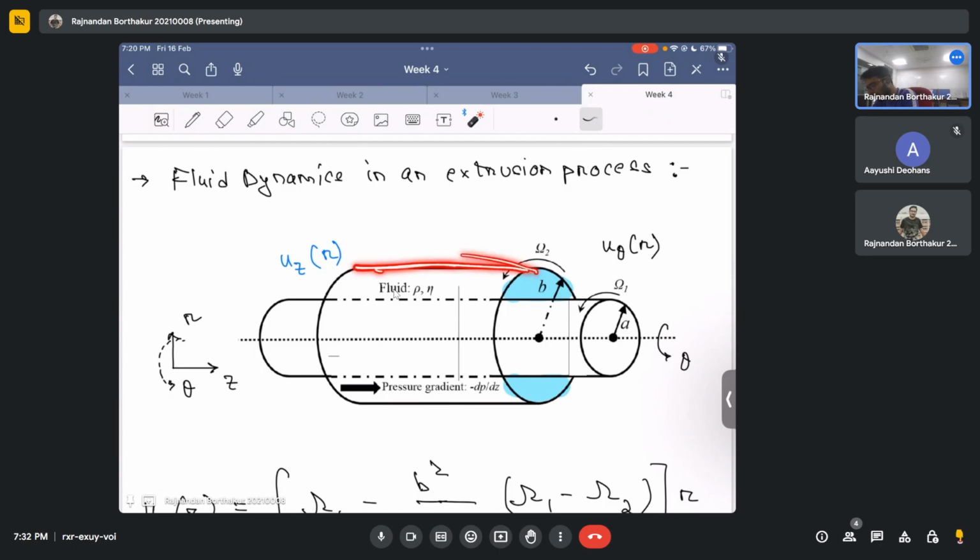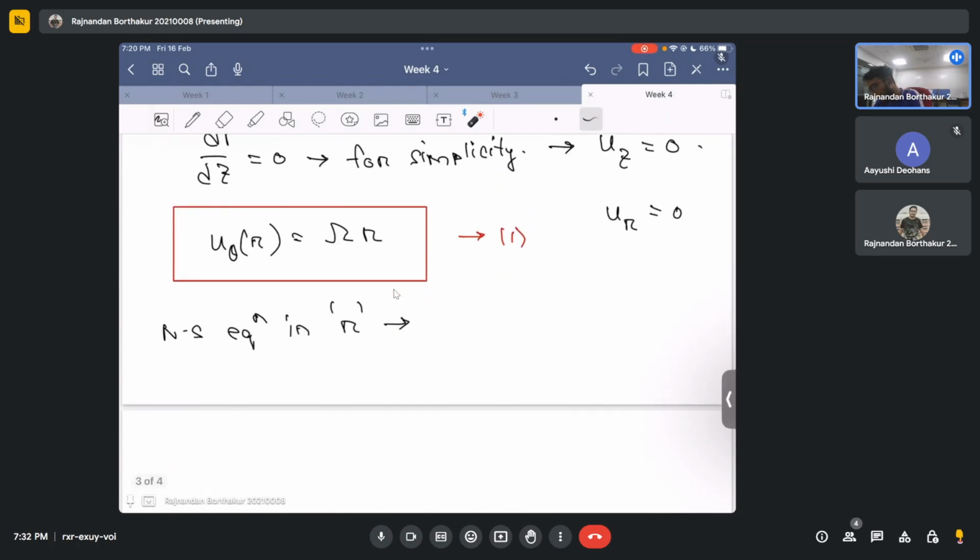The surface of these two cylinders is rigid, so there won't be any penetration across the surface of the cylinder, which means ur has to be equal to 0. Keeping this in mind, let's apply the Navier-Stokes equation in the r direction. Interestingly, we can get a very important result from this analysis.